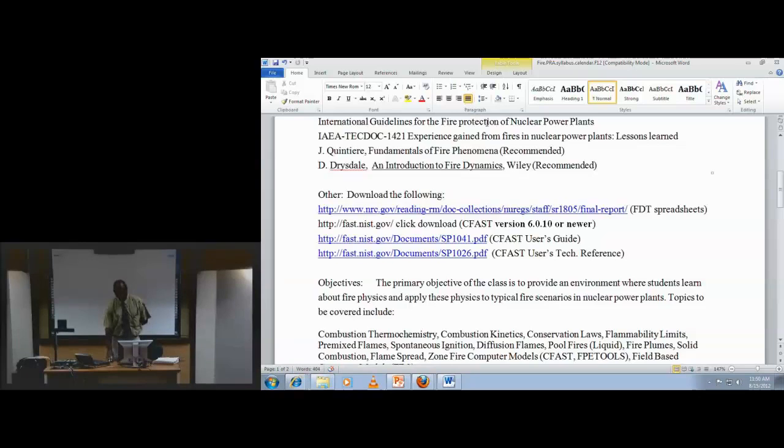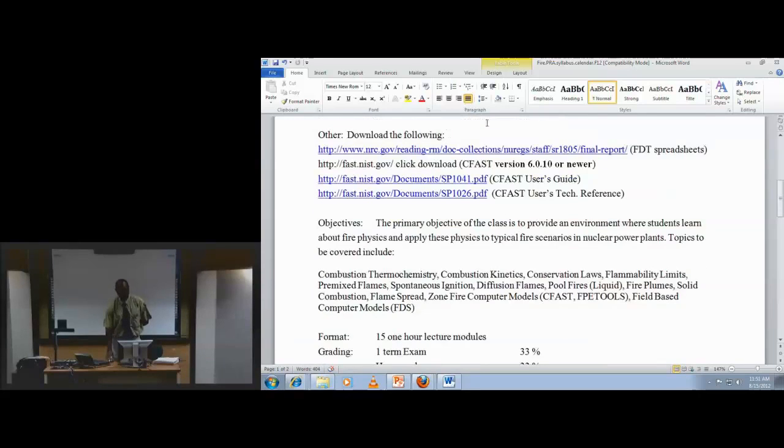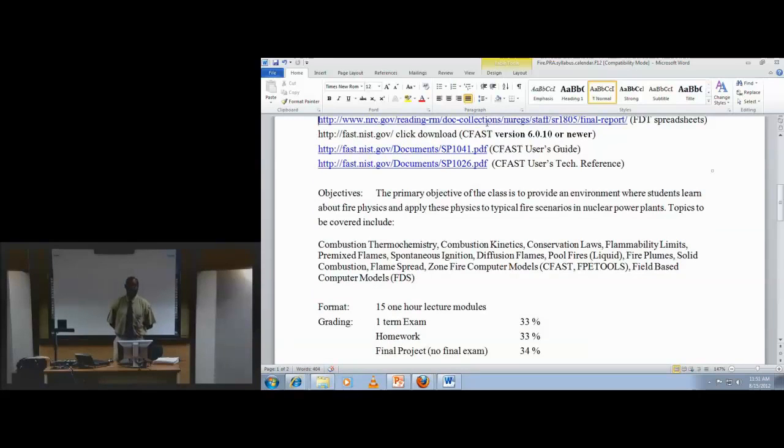Okay, so what's the basis of this class? What are the issues? Really, the objective is to allow students to become familiar enough with fire science issues, fire phenomena, that you can understand what kinds of hazards and threats fire poses within a nuclear power plant.